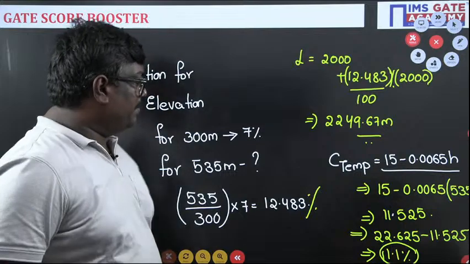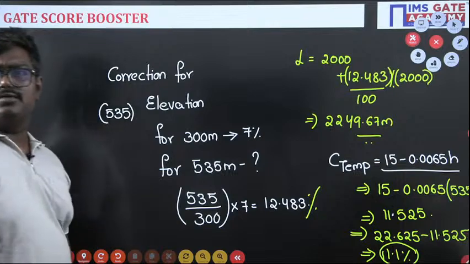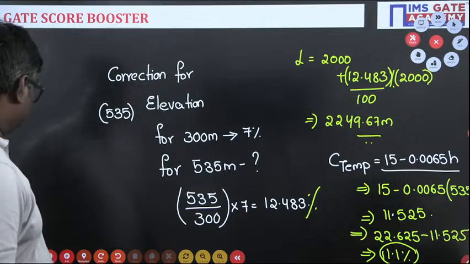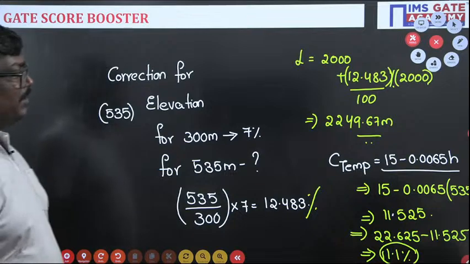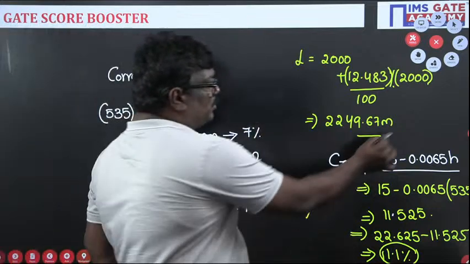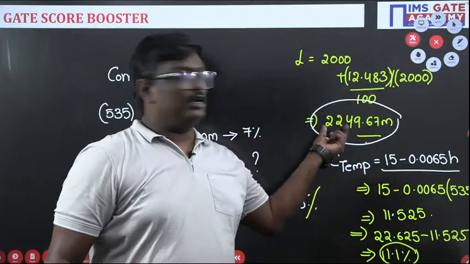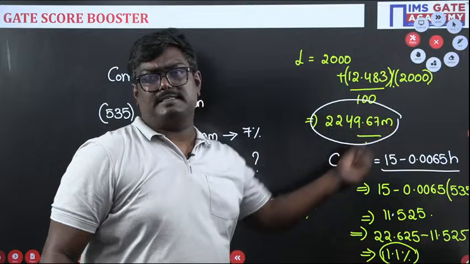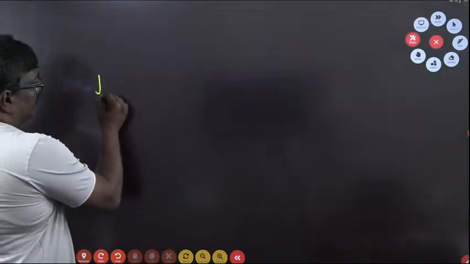It will be 11.1 percent. Now see students, very good, Avian Singh. Very good. So if you got 11.1 percent, what is the length here?